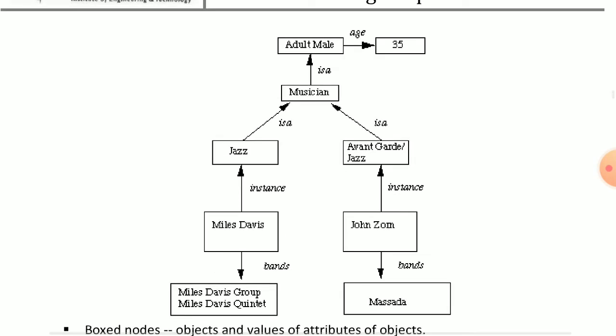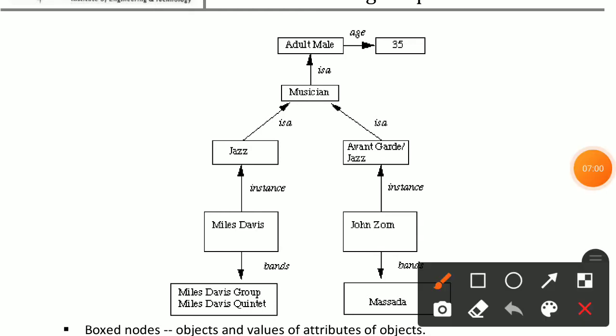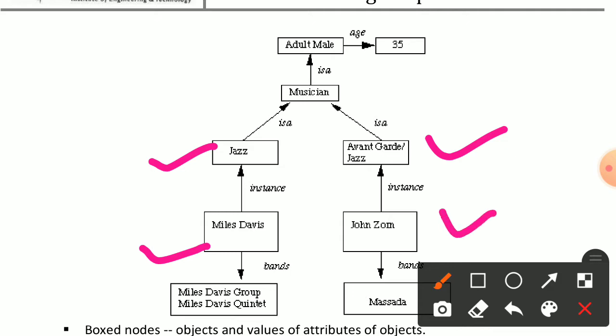Here one example is also given. An adult male whose age is 35 is a musician. Then musician is of two kinds, jazz and avant garde. Two musicians are given: for jazz the instance is Miles Davis, and for avant garde the instance is John Zorn.